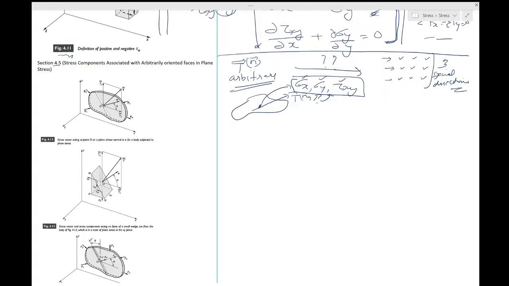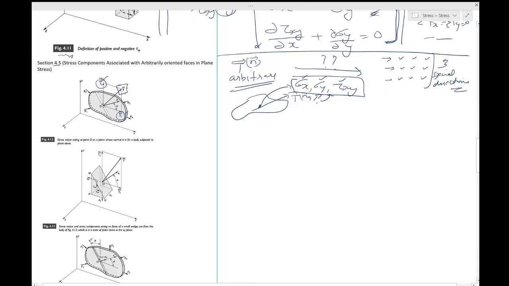So let's look at figure 4.12. Does equilibrium uniquely determine these components of this vector? If you have equilibrium, can you find these two circled components?